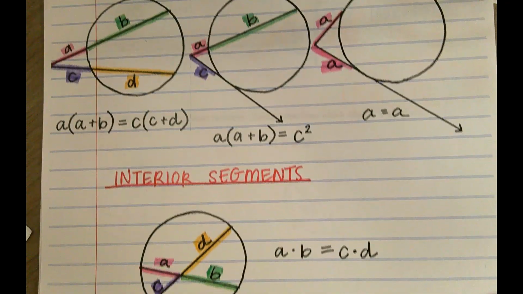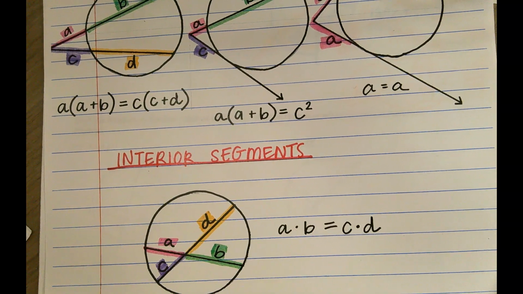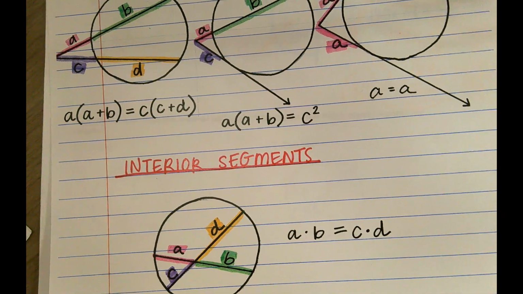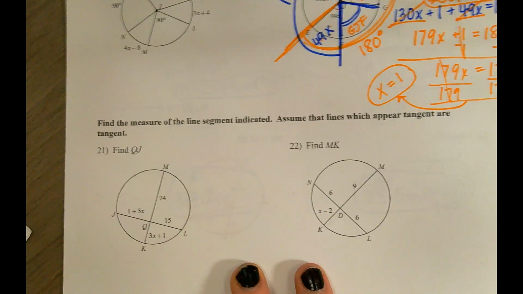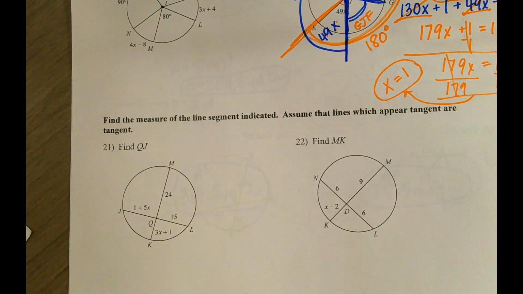So if you do not have these formulas, you won't be able to do these problems. I do have copies of this note page. If any of you need it, speak up and I'm happy to give it to you. So first, we'll just kind of run through some of these.